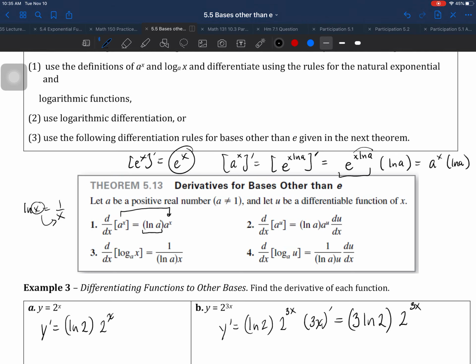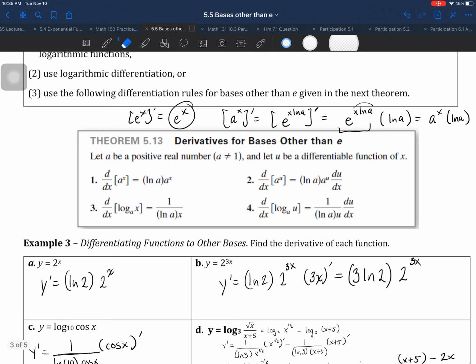Well, instead of multiplying by natural log of a, that becomes a denominator. So that's how I like to remember it. We can generate this rule again, just like we did up here, but you guys can try that on your own if you want to.